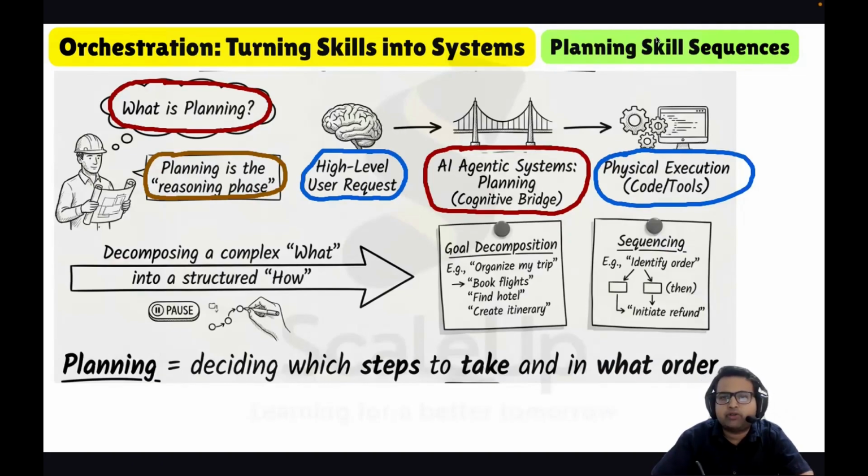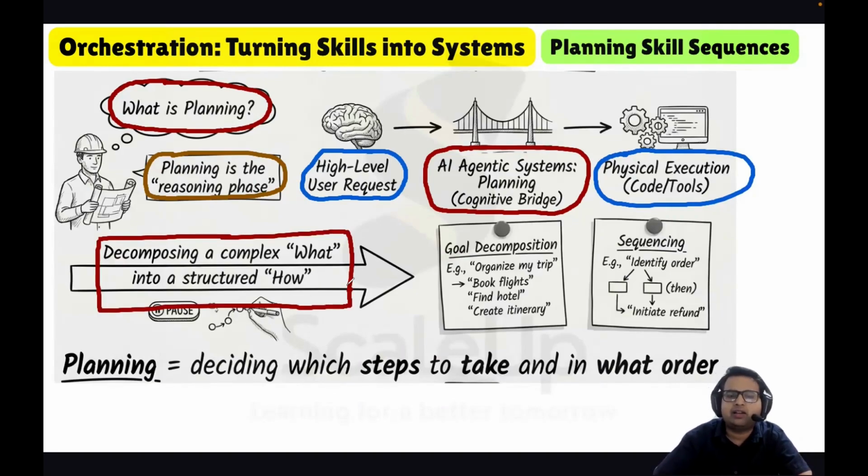Planning is the process of decomposing a complex what into a structured how. Because we start with the what, like the user will tell us, this is what I want, this is my query, or this is what I want to accomplish.